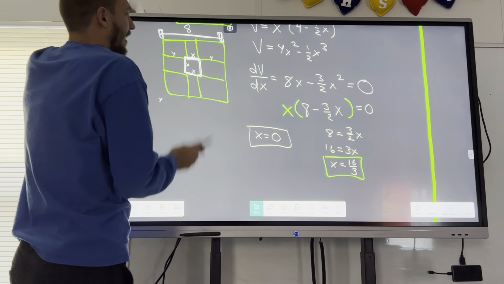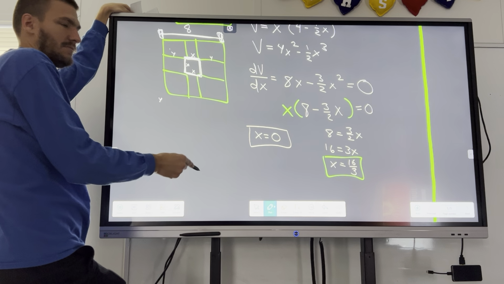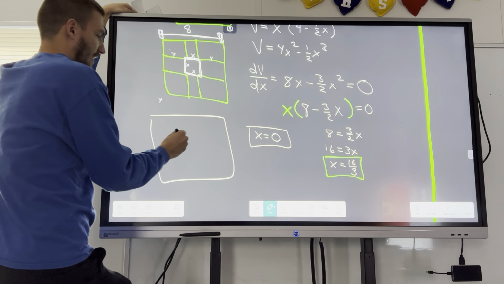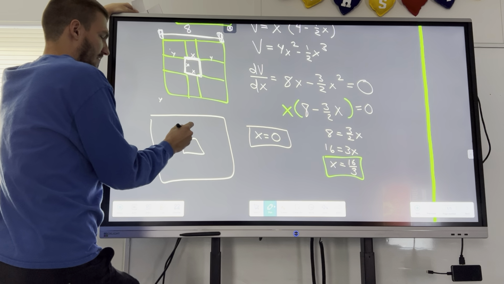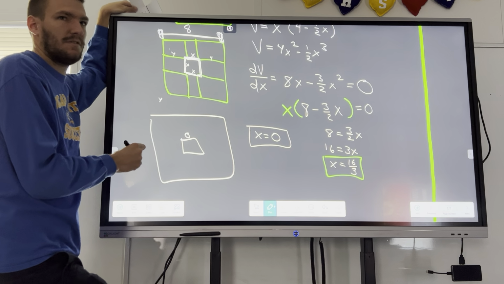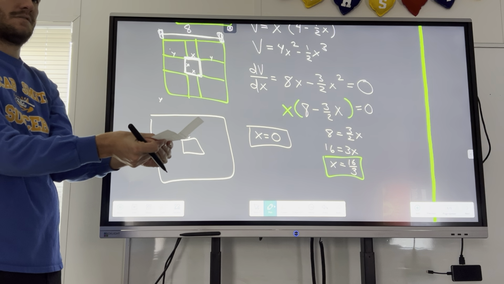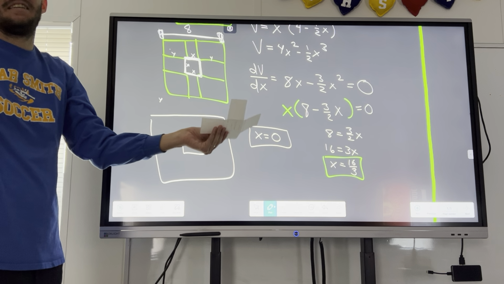First of all, how does it look if x equals 0? If I draw one of these same shapes and my middle box has an x value of 0, how does my box end up looking? It doesn't really exist, right?